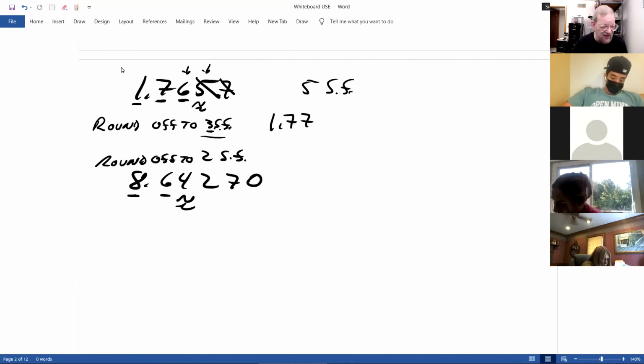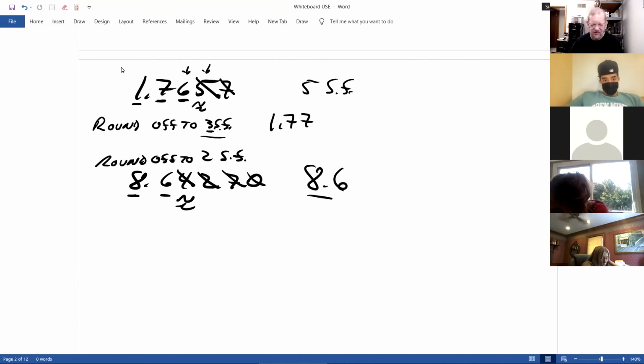You don't have to do that on a test, but this helps focus your attention on what to look at. Is that number 5 or greater, 4 or less? And time's up. Hopefully I'll pick 4 or less. Therefore, this I'm going to drop and everything else afterward. And this would be the answer to 2 significant figures. That's how you round that off.